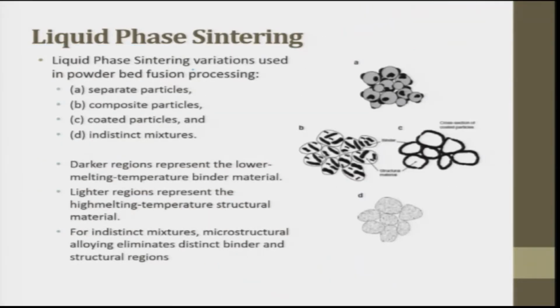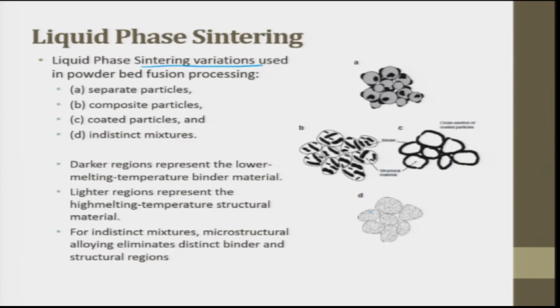The liquid phase sintering variations used in powder bed fusion processes are: A, separate particles; B, composed particles; C, coated sections, which are coated particles; and D, indistinct mixture.